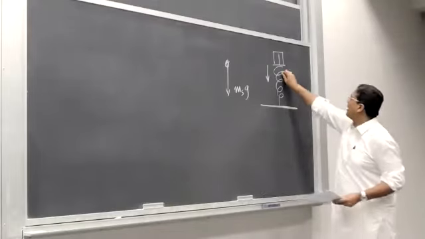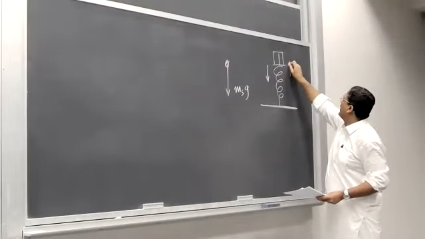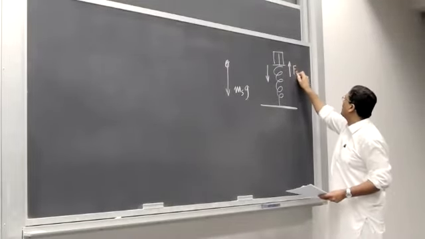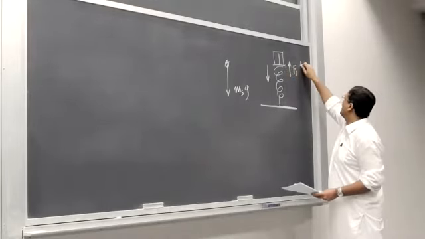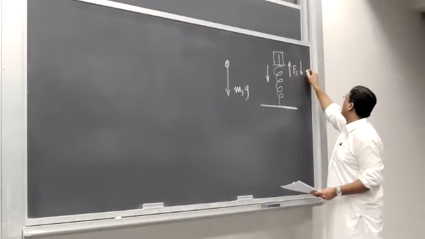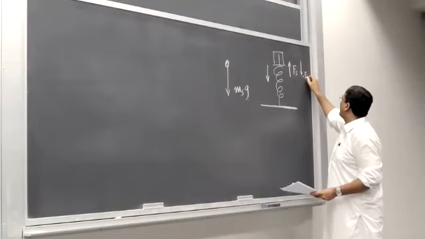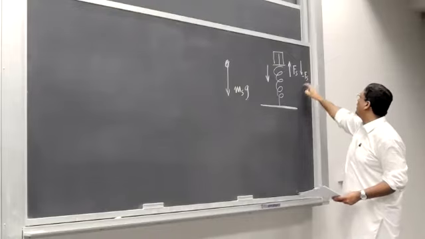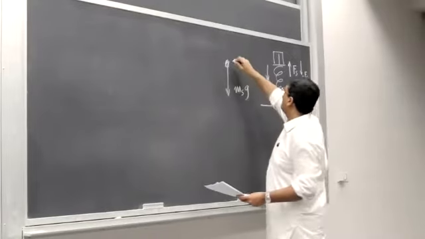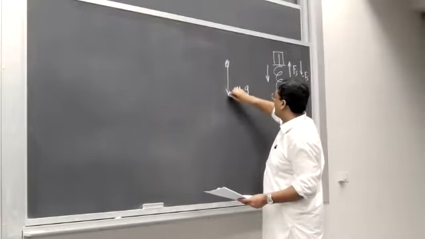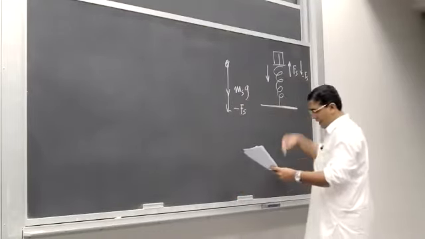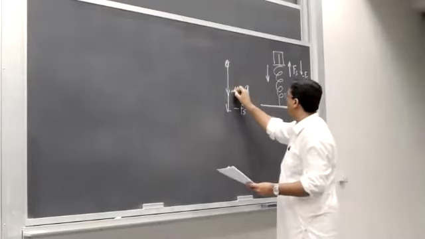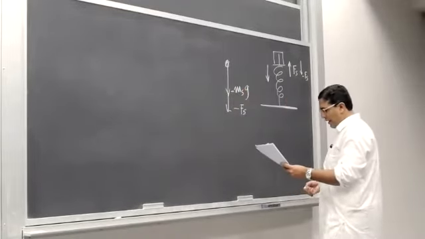Then the spring exerts a force Fs on the block, and the block exerts a force minus Fs on the spring. So there is another force acting on the spring, minus Fs in this direction.